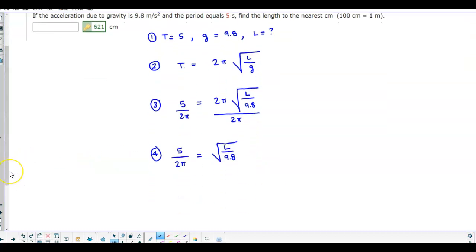Now we've got to use our square root property in order to get rid of the radical sign on the right hand side. So we're going to square both sides. So we have 5 over 2 pi, square that, and that's going to equal the square of the square root of L over 9.8.